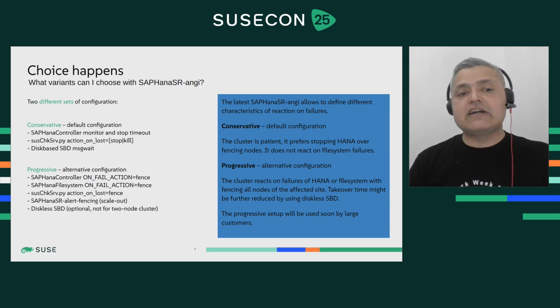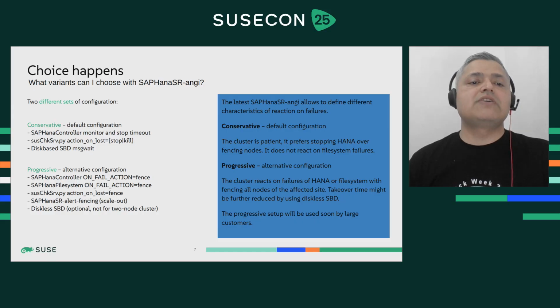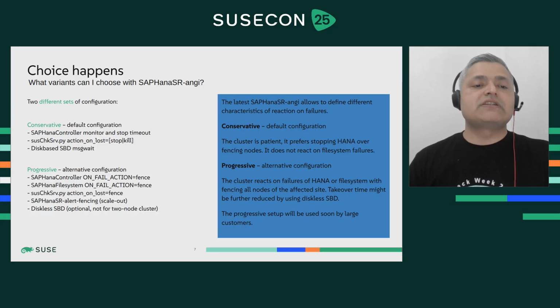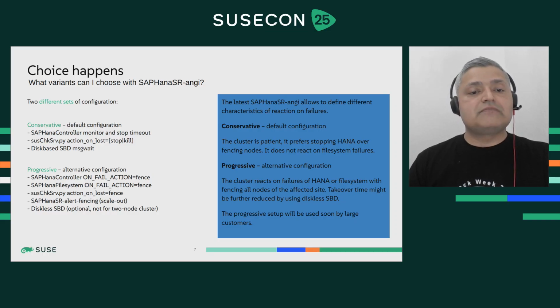We also see that there are two new resource agents. One is SAP HANA file system. SAP HANA controller we already know, because it was the same name used for the resource agent in the scale out classic package. But the SAP HANA file system is a new resource agent. And also we see this new tool called SAP HANA-SR alert fencing.